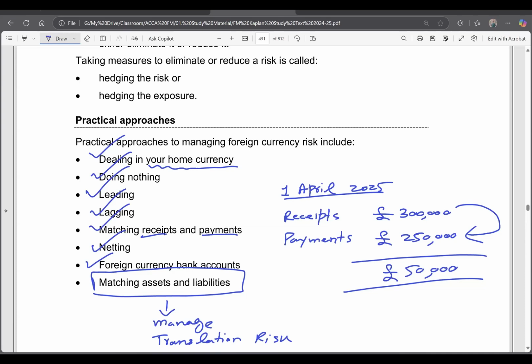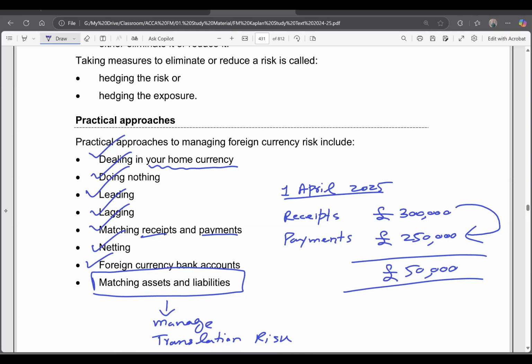Let's say you are going to buy a subsidiary in Canada, right? So you're bringing your dirham there and converting into Canadian dollars. Why not finance from Canadian banks?